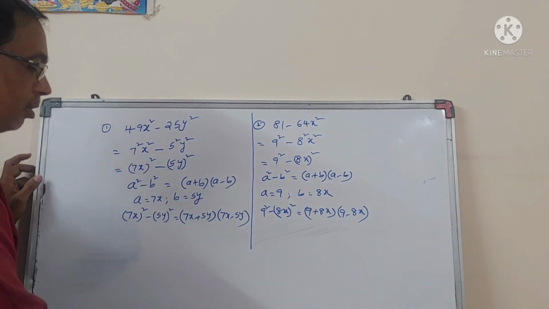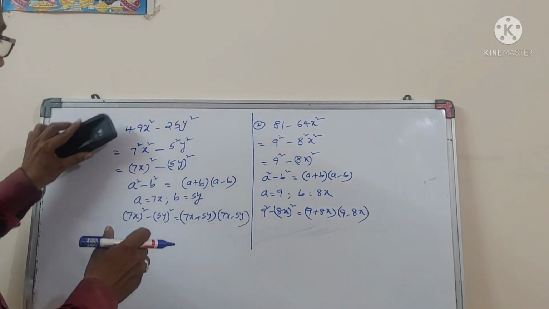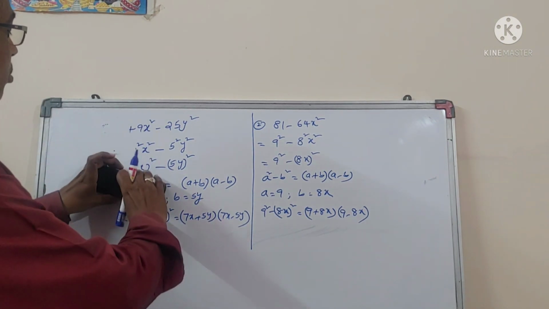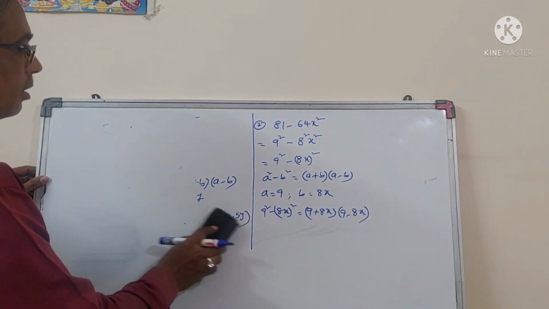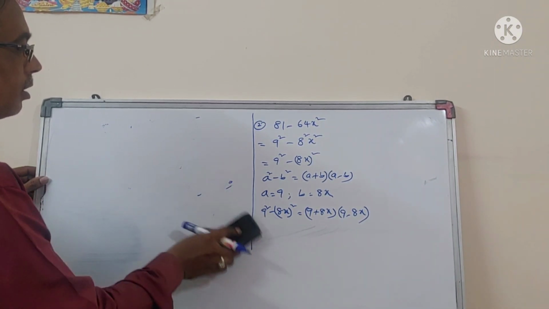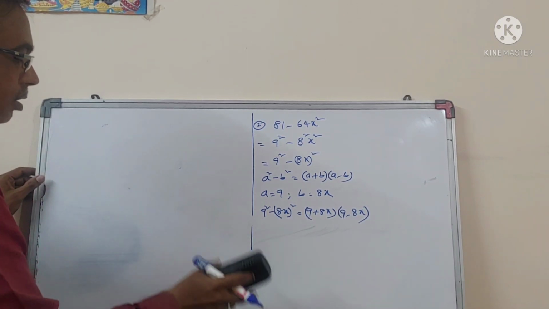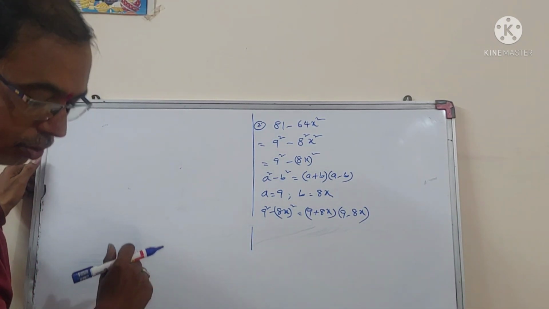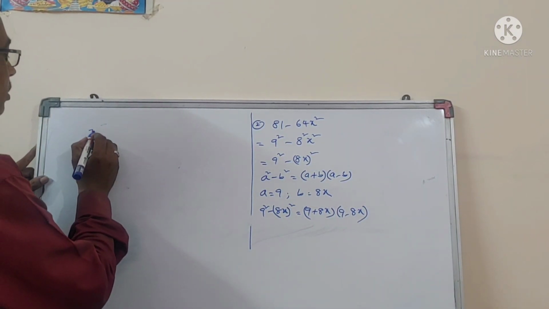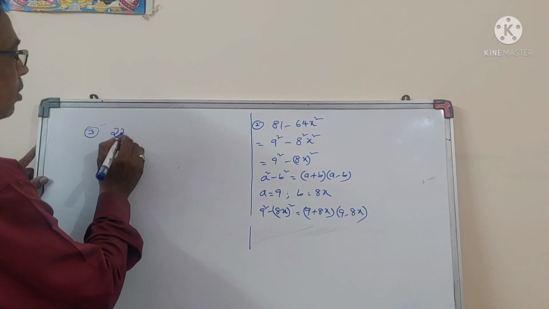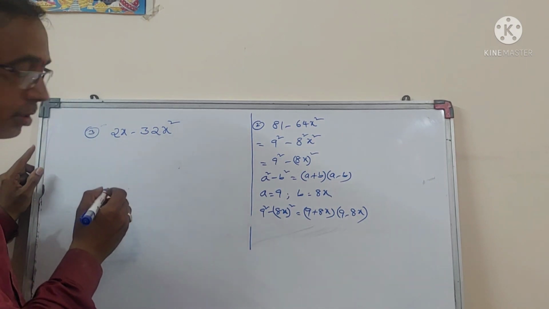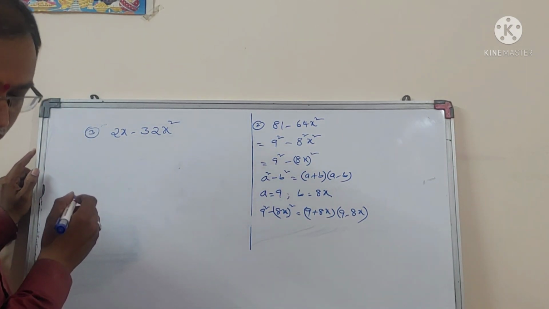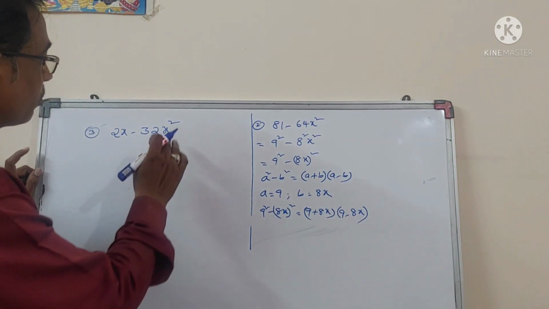Okay, now in this let us see one more important one. So here we have 2x minus 32x to the power 5.